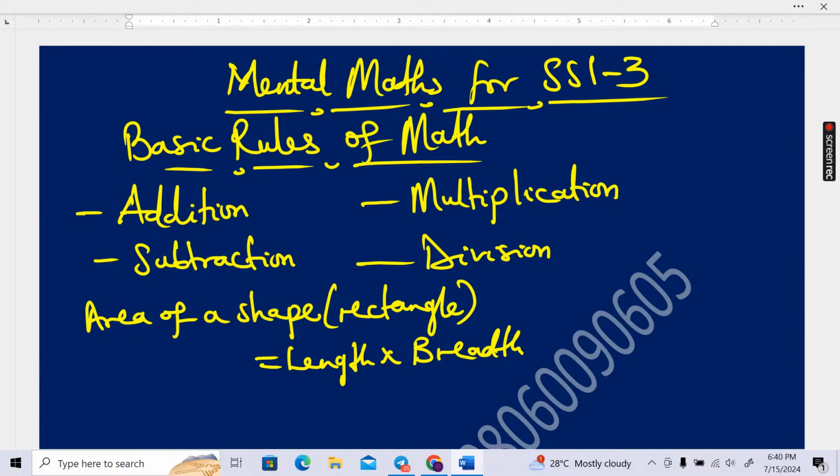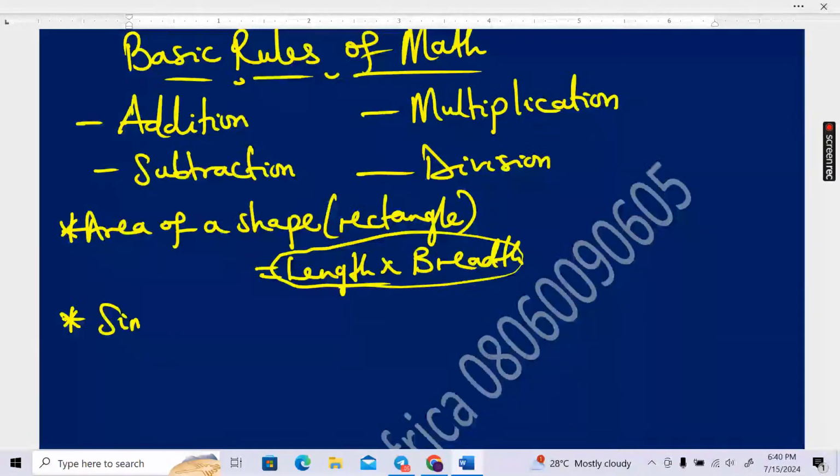You can see that in this topic of area of a shape, we need to perform what we know as multiplication. So when you see multiplication in mental math, it is not just for children in the lower classes. It is meant for all students. It is meant for everybody, whether you are a child or an adult.